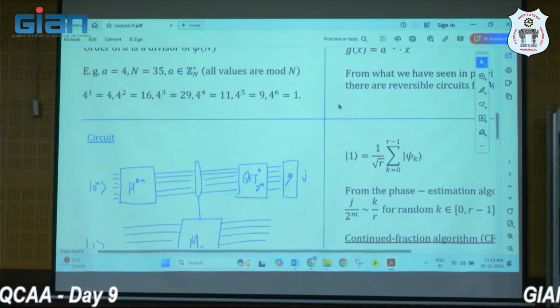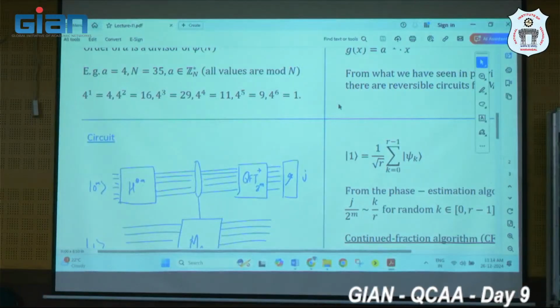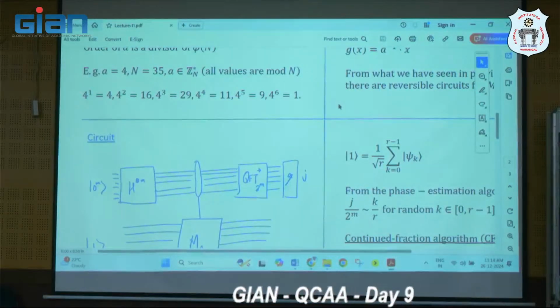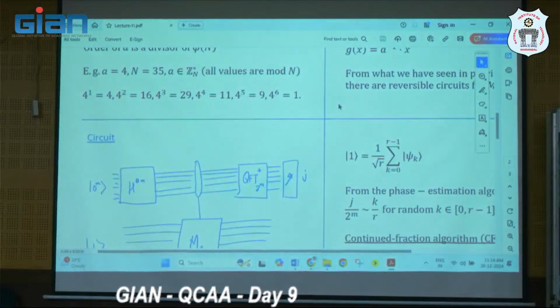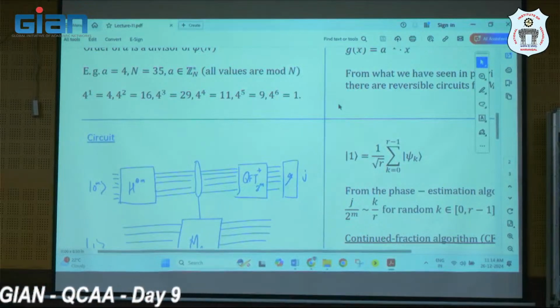You did it in your mind or calculator? Mind. Hmm? 11. 4 to the power 5 mod 35. How much is that?